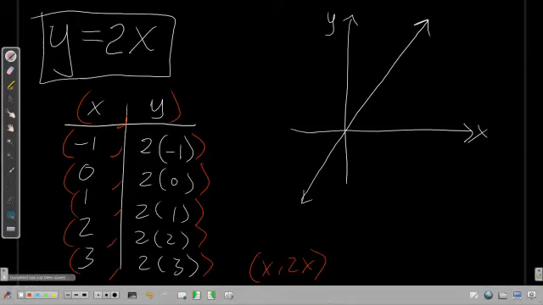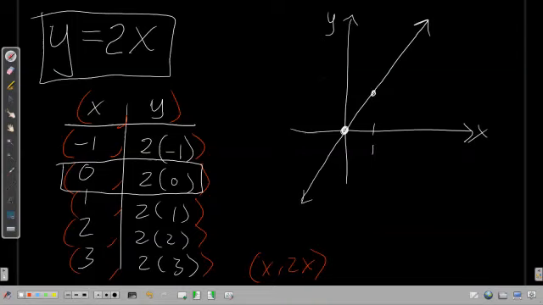So it would have to go through the origin because 2 times 0 is 0. It would have to go through the point 1 comma 2, because if I took that number 1 and just multiplied it by 2, you get 2.